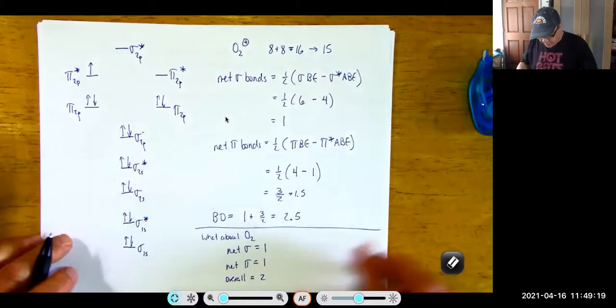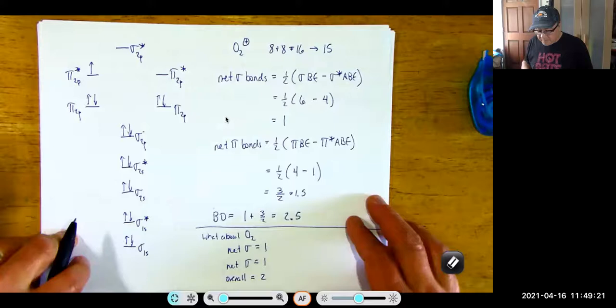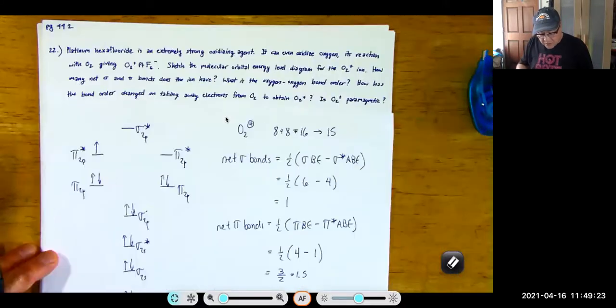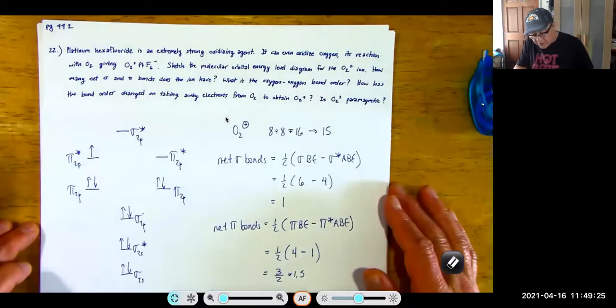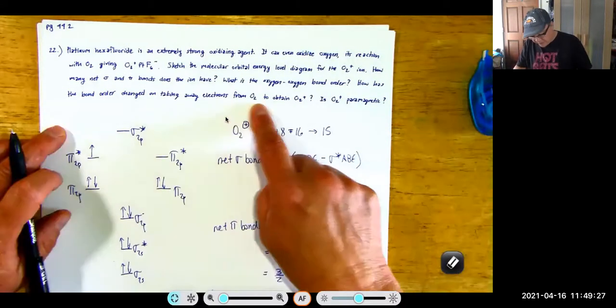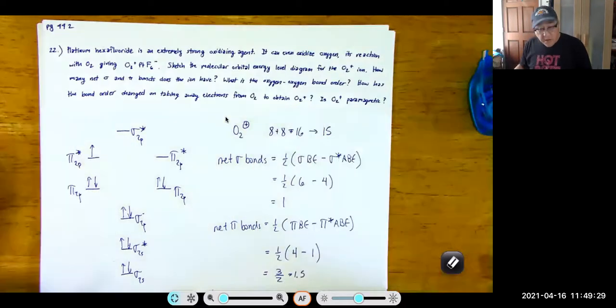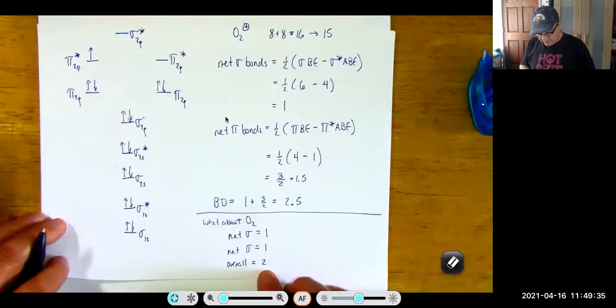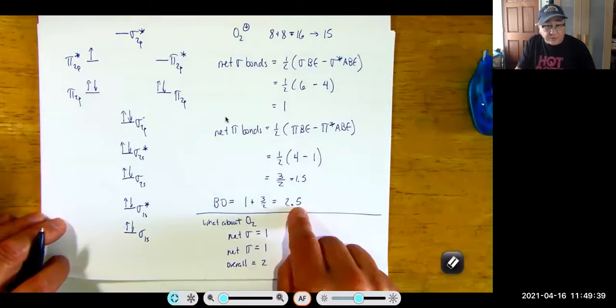So in answer to the question, how has the bond order changed on taking away electrons from O2 to attain O2 plus? Well, the bond order increased from 2 to 2.5. So here, it increased from 2 to 2.5 when we made O2 plus.